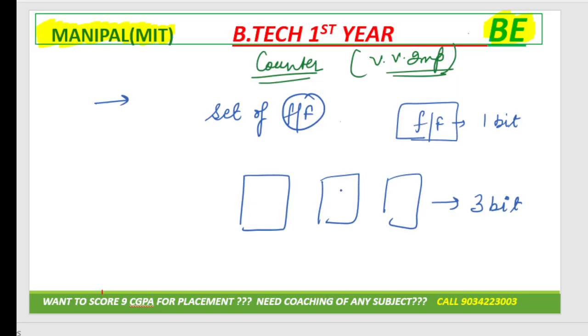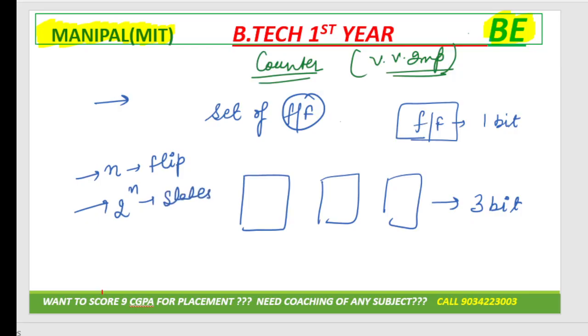So basically, a digital counter is a set of flip-flops whose state changes in response to the pulse applied. If we have n flip-flops, then we'll have 2 raised to power n states.